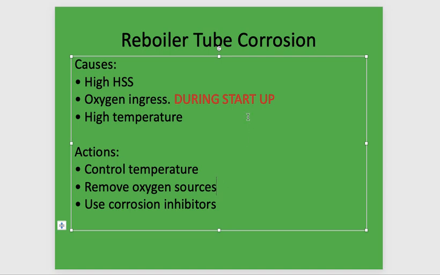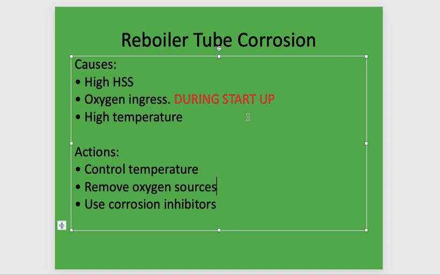I want to inform you about the reboiler. There is some behavior related to the reboiler, which is reboiler leaking. Why from time to time do you find reboiler leaking? Because during startup, as we mentioned, there is air ingress and how to solve this problem. On the other side, we need to discuss the ramp of increasing the temperature during startup, because you have to take it slowly, step by step, maybe 15 degrees C per hour.